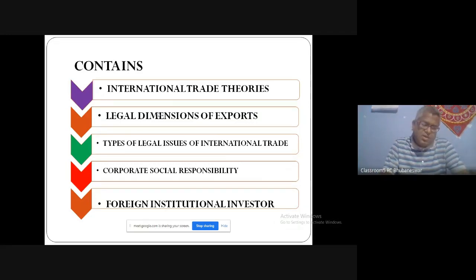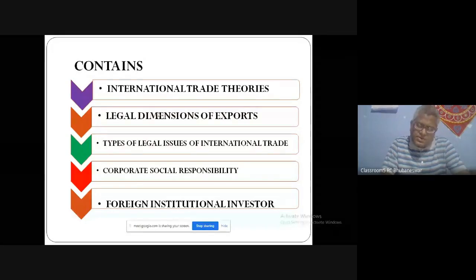These are called upper middle income countries. India is called an upper middle income country, a developing country.